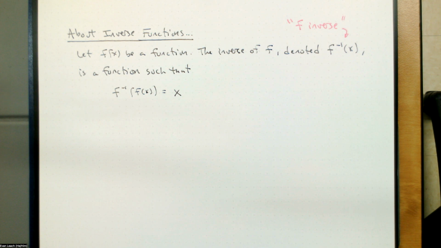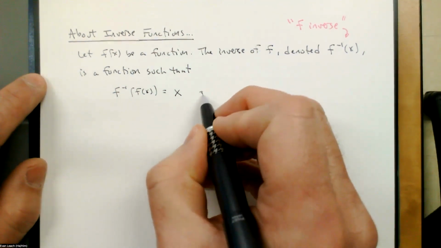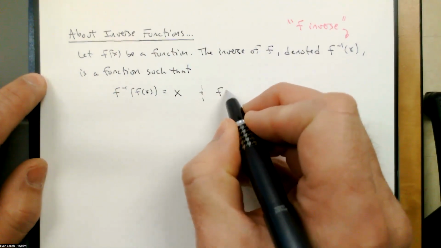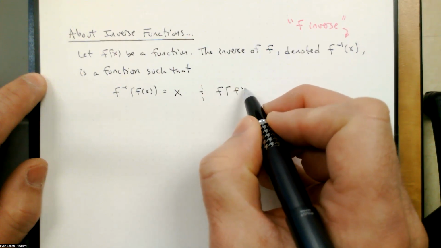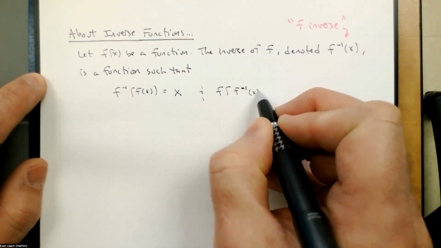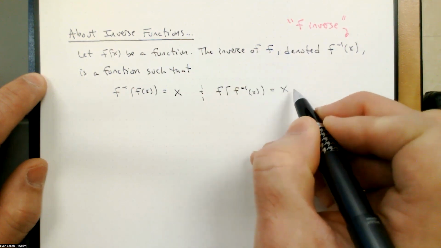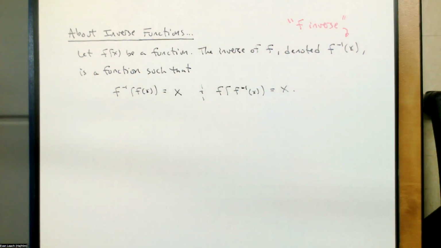It inverts what the function does. It gets you back to where you started. If you apply f of x to a function, the inverse will take you back. Has to work the other way too. F of f inverse of x is equal to x. The inverse undoes whatever the function does. Gets you back to the start.